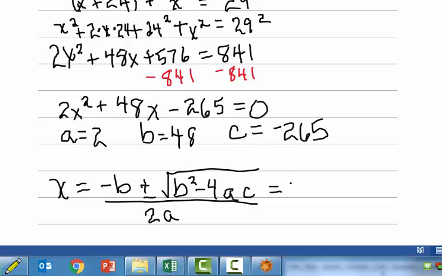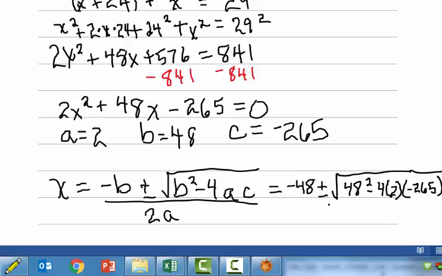So when we put our values in, we get minus 48 plus or minus the square root of 48 squared minus 4 times 2 times negative 265, all divided by 2 times 2.